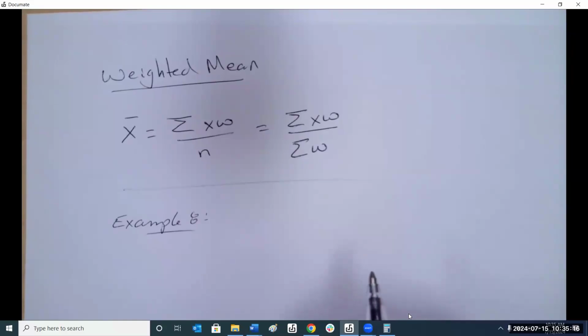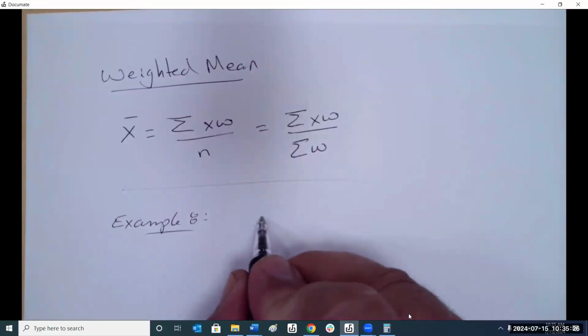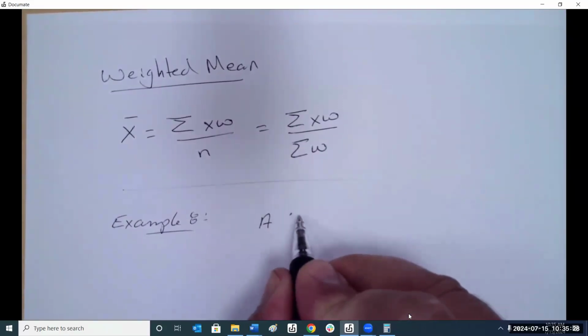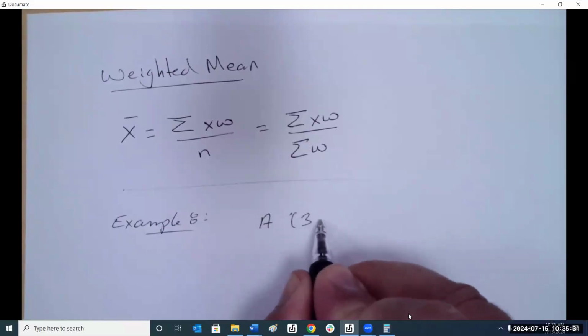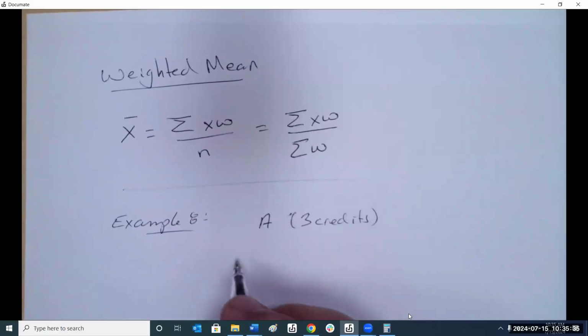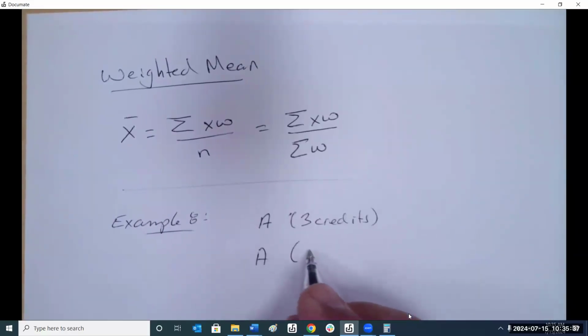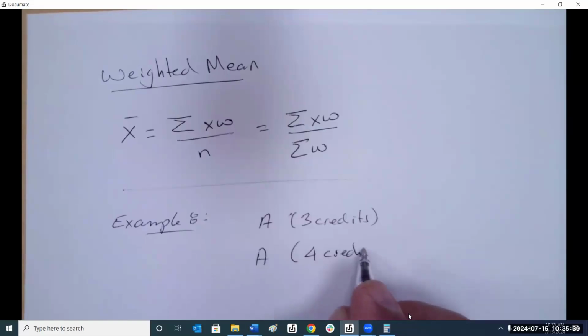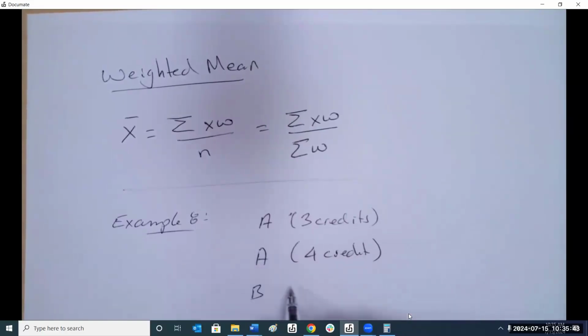In her first semester of college, a student of the author took 5 courses. Her 5 grades, along with the number of credits for each course, were: the first course was an A in a 3-credit course. She made an A in the second one, which was a 4-credit course. She made a B in a 3-credit course.